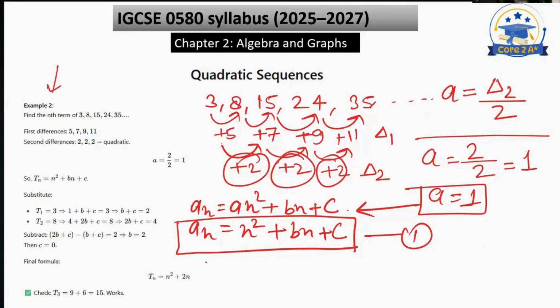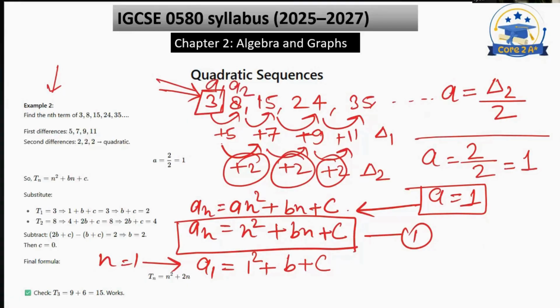So after putting n equals 1, it would be A1 equals 1 square plus B plus C, right? And A1 is what? See the original. Original means the given sequence was 3, and 3 is your A1.